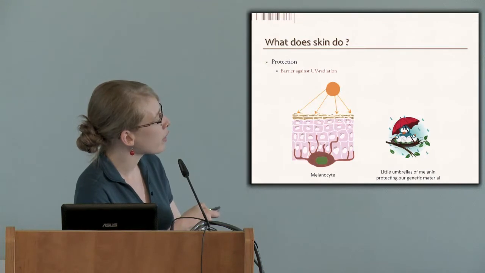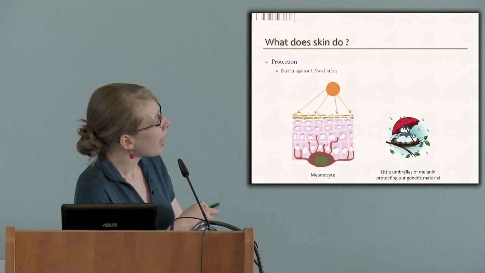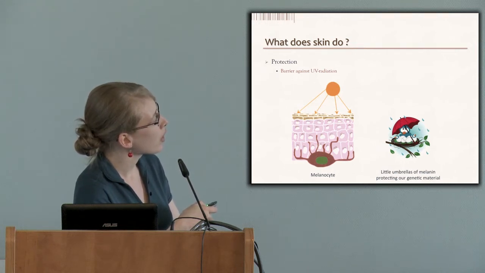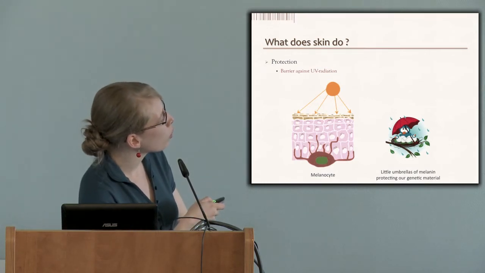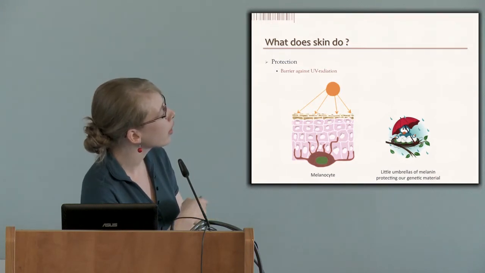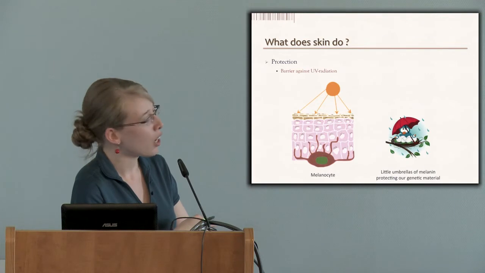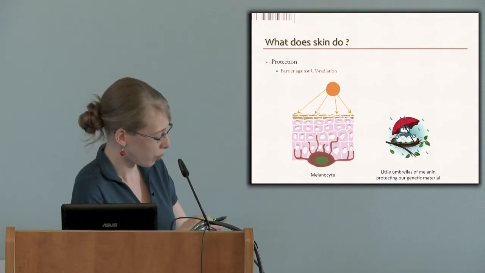The melanocyte is going to produce pigment called melanin, and will distribute melanin to the different keratinocytes. It won't just enter the keratinocyte, it will be localized just over the nucleus like a little umbrella. You see it here, here, here. In this way, the melanin will protect, like umbrellas, our genetic material from damage by UV radiation.